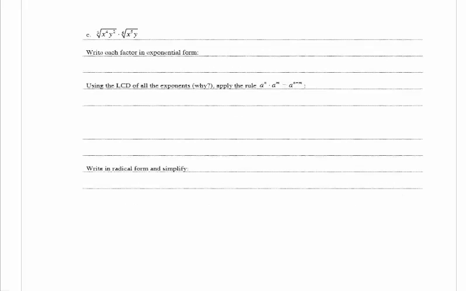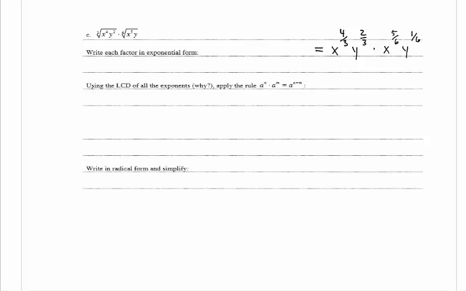In C, we have the cube root of x to the 4th y squared times the 6th root of x to the 5th y. And it wants us to write each factor in exponential form. So we have x to the 4/3 times y to the 2/3 times x to the 5/6 y to the 1/6.